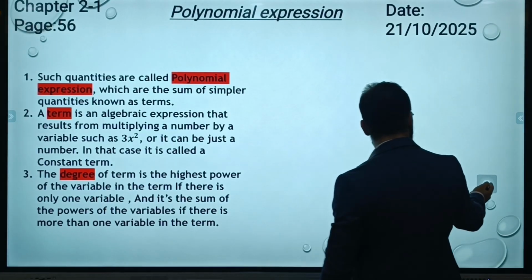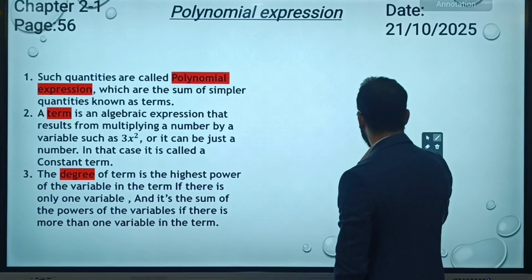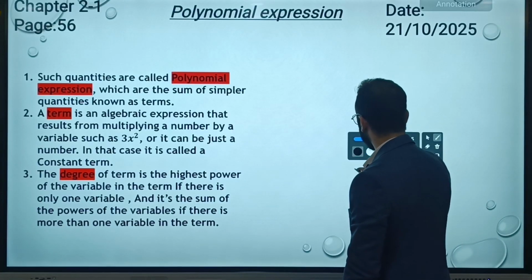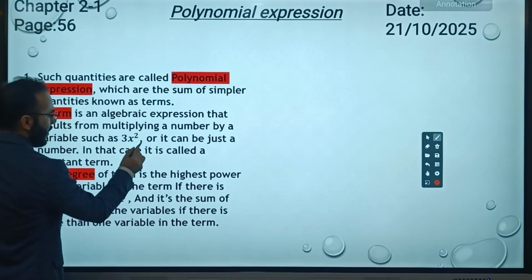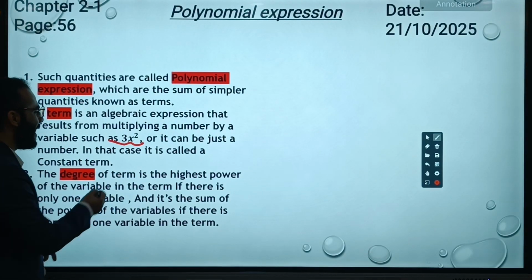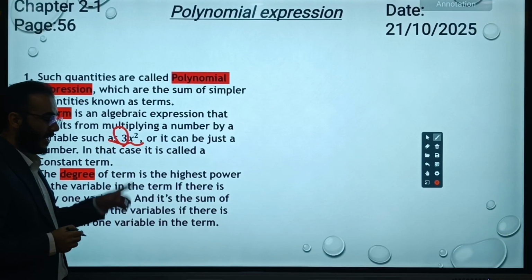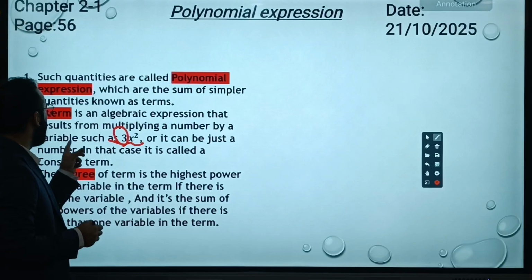So as you can see here, 3x squared. Let's focus on this a little bit more. It says that 3x squared is a term because it is the result of multiplying a number, which is called the coefficient, by a variable.